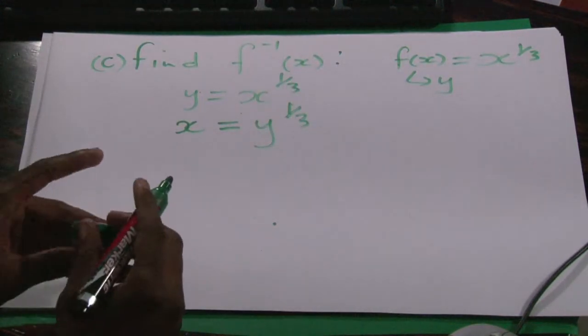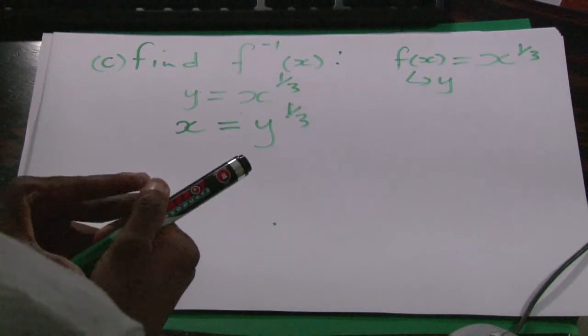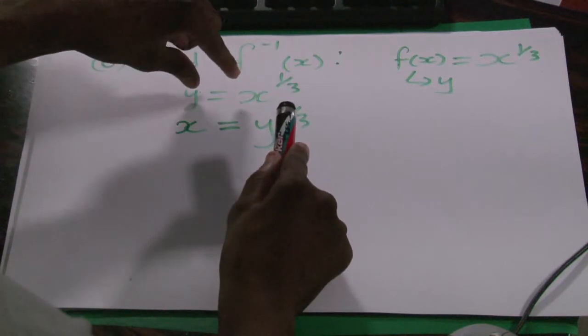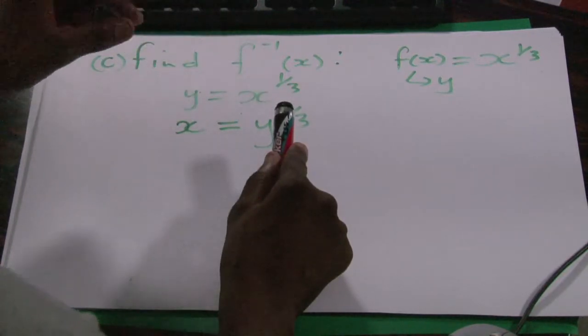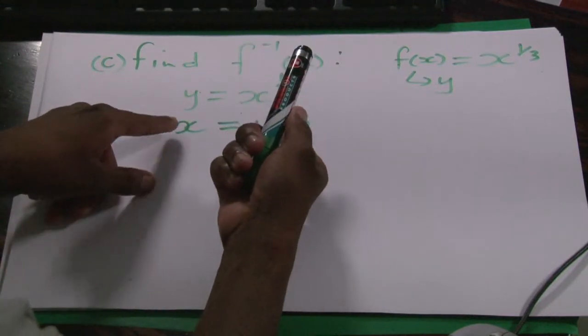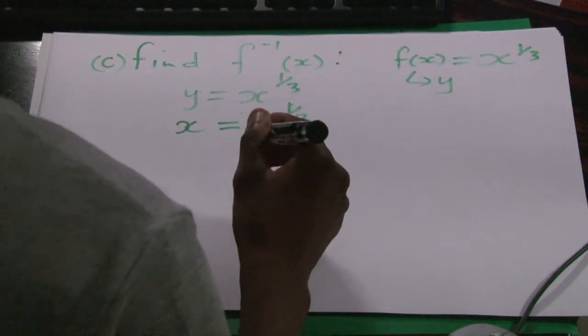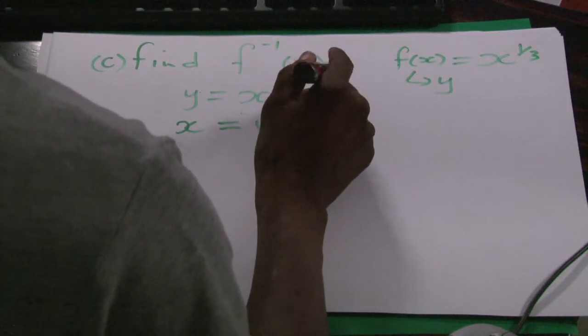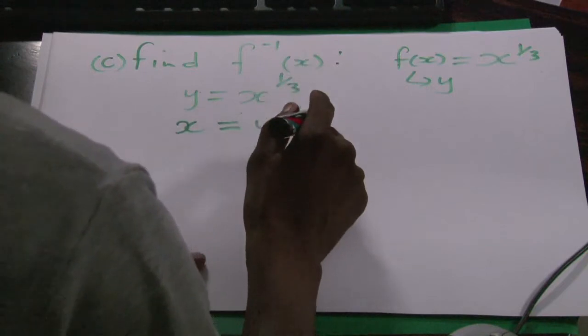The next thing that you are going to do is to make y the subject of the formula. First, exchange the places of the variables x and y, and then next make y the subject of the formula. So we have y to the power of 1 over 3. How do I get rid of 1 over 3?